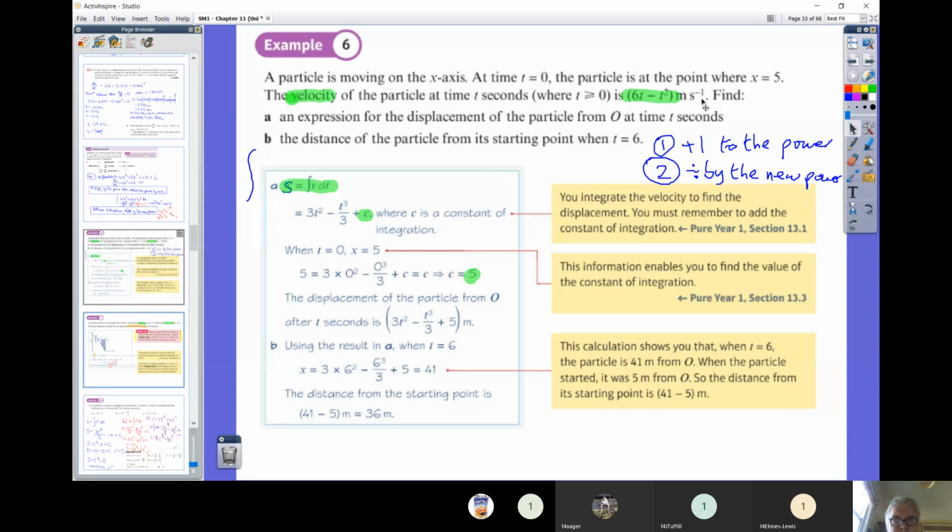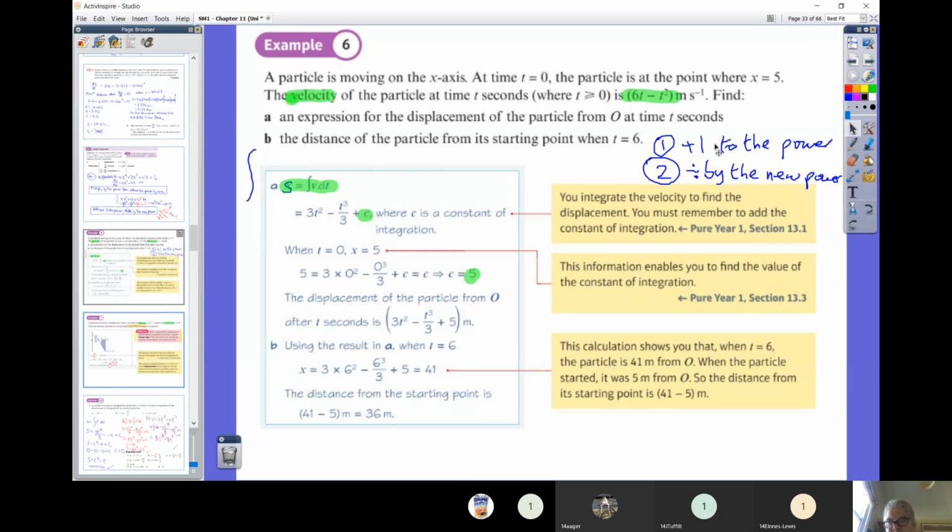So in example 6, the particle is moving on the x-axis. At time t equals 0, the particle is at the point where x equals 5. Okay, so it's starting off along at 5. The velocity of the particle is given in this equation, and they're asking us to find an expression for the displacement for part A. So we need to move from velocity to displacement, so we're going to integrate the velocity equation.